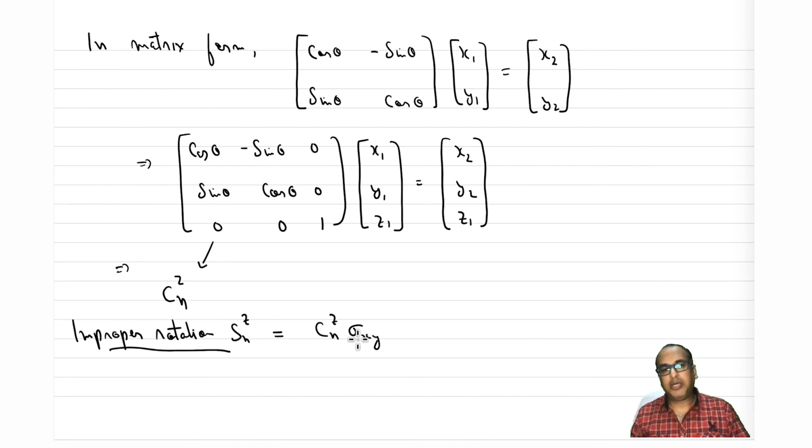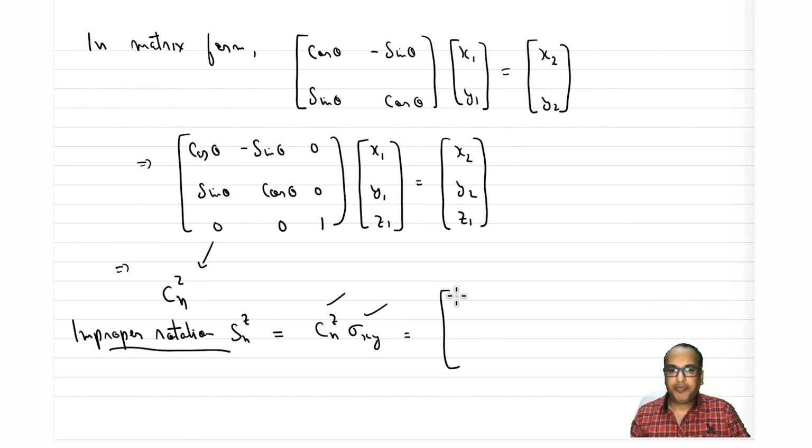Because that sigma is perpendicular to CNZ, so that has to be very clear. If we are taking our rotation axis along the z axis, then the sigma has to be the perpendicular plane. Now we can obtain this matrix easily, because we know the matrix representation for this as well as this. So let's just multiply the two matrices.